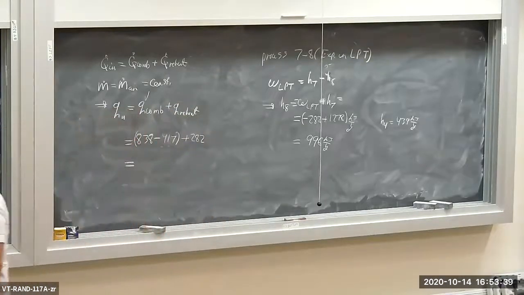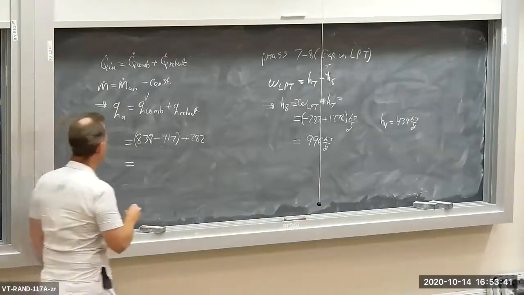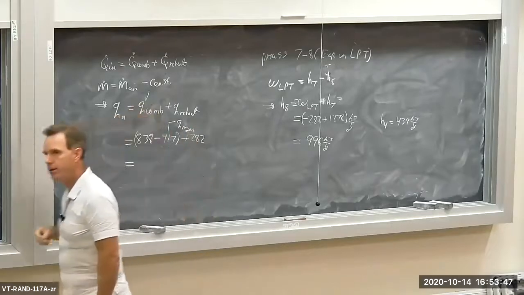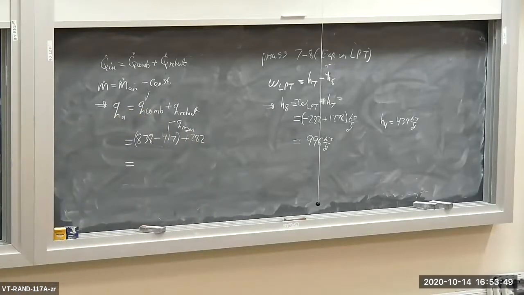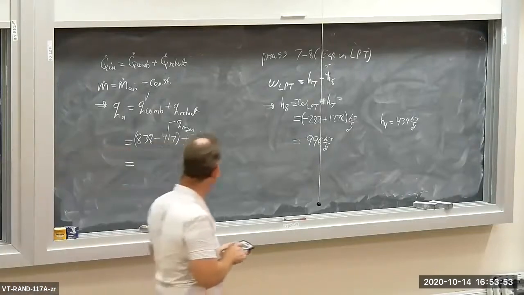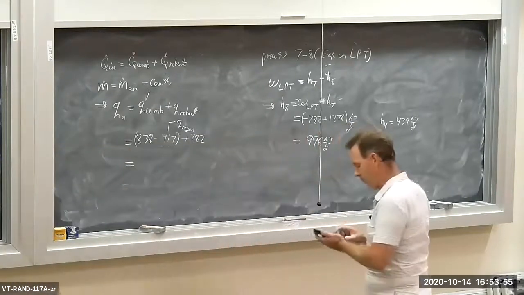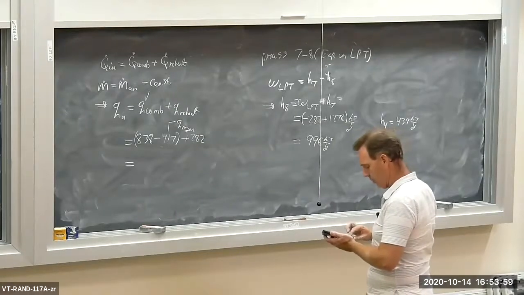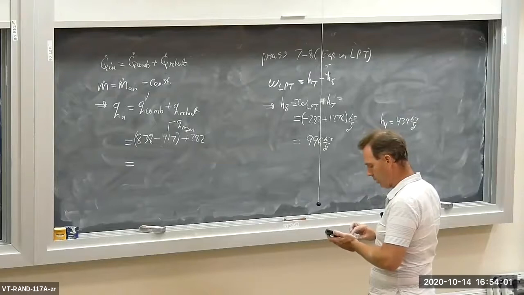Okay. So this is Q regen. I don't have to add that heat in the combustor, I added it in the regenerator. So we have 838 minus 417 plus 282.